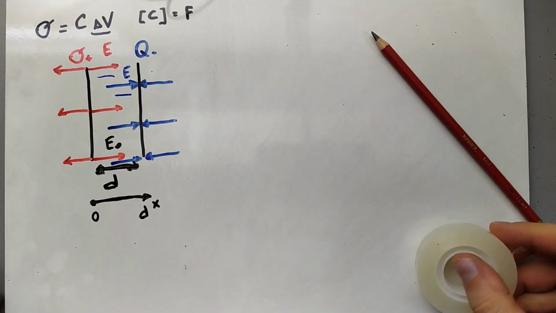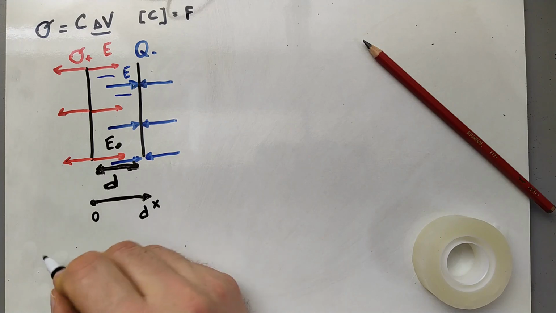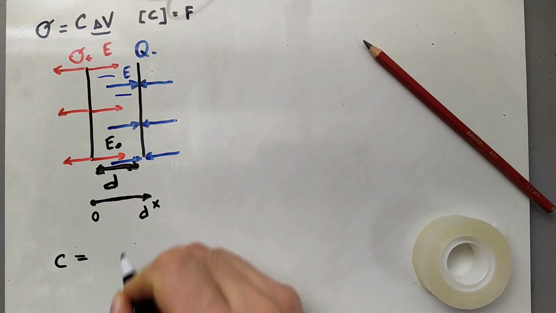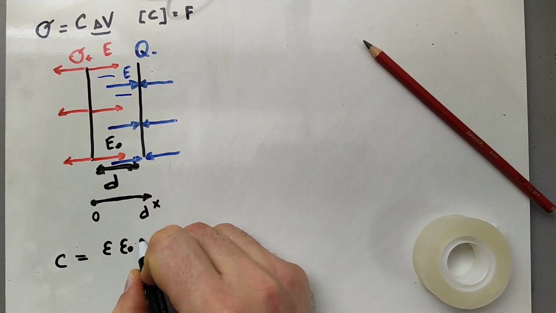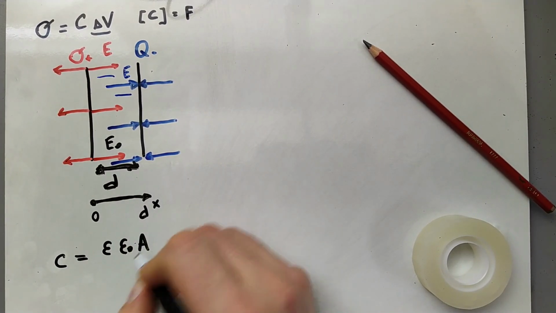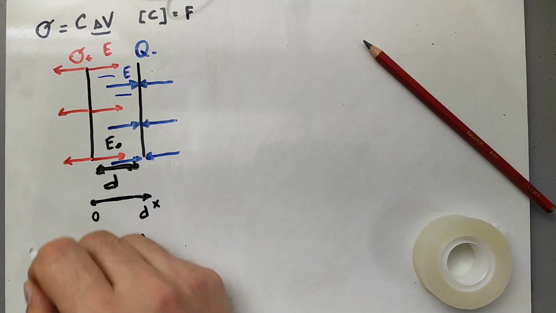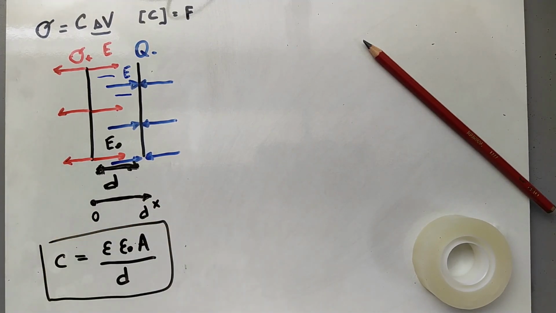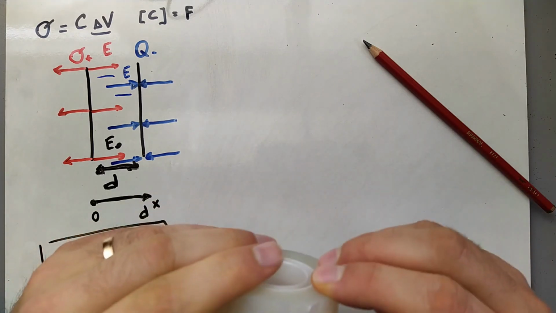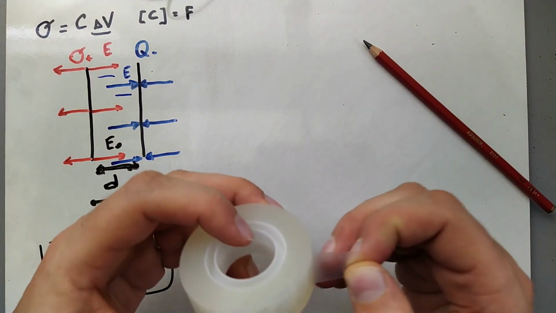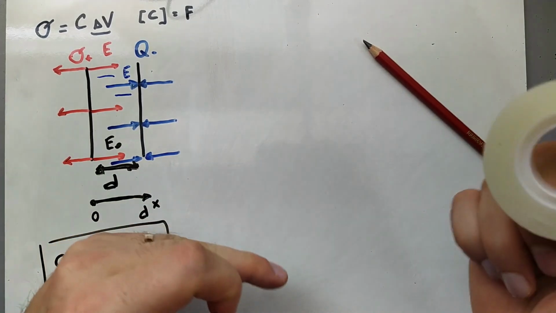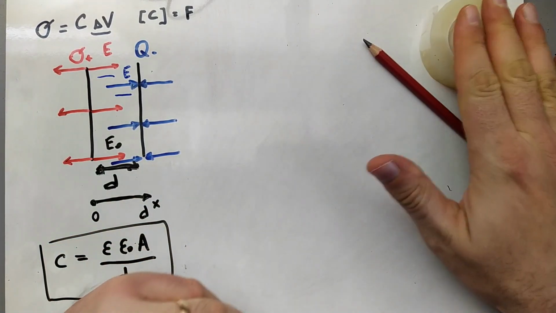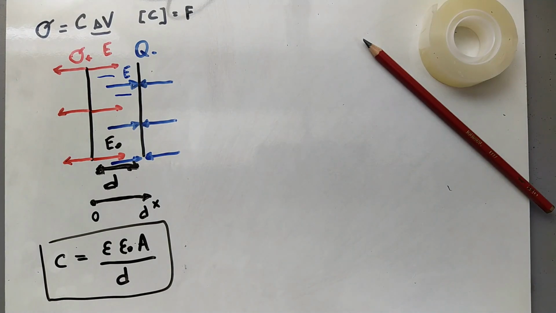And for our reference, we can write the capacitance, the final equation which we derived: epsilon naught times area divided by d. Okay, so we will use this so-called magic tape as our insulator layer, the dielectric layer between two plates.